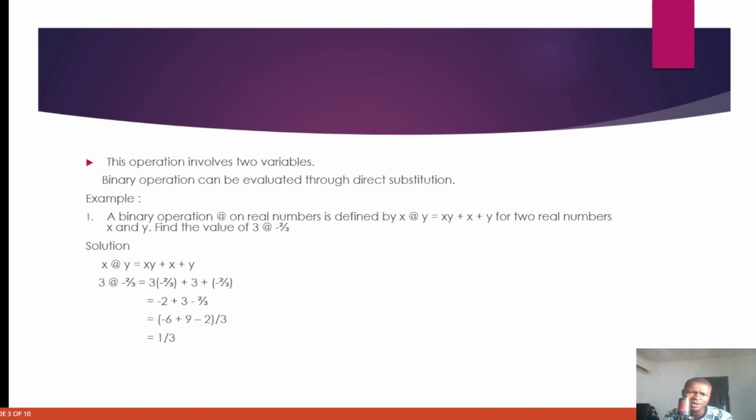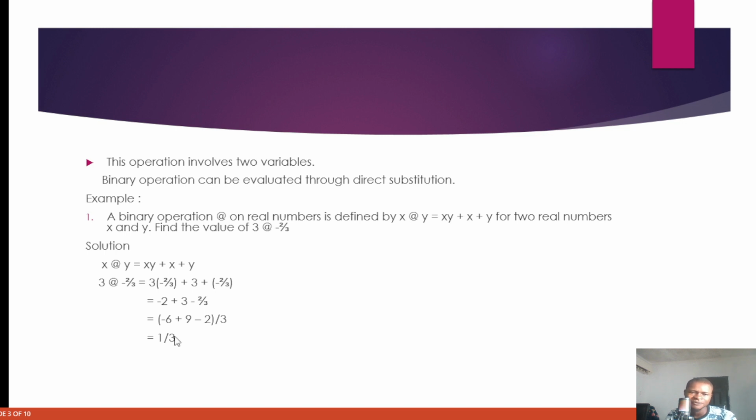Here I have a simple manipulation: 3 can cancel 3, because this one is a fraction multiplied by a whole number, so it can be reduced. So here I have -2 + 3, and I still have -2/3, because my addition sign will multiply my negative sign here.